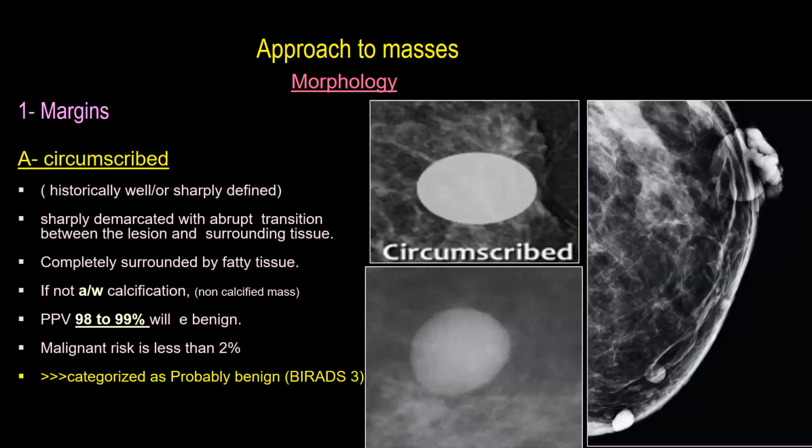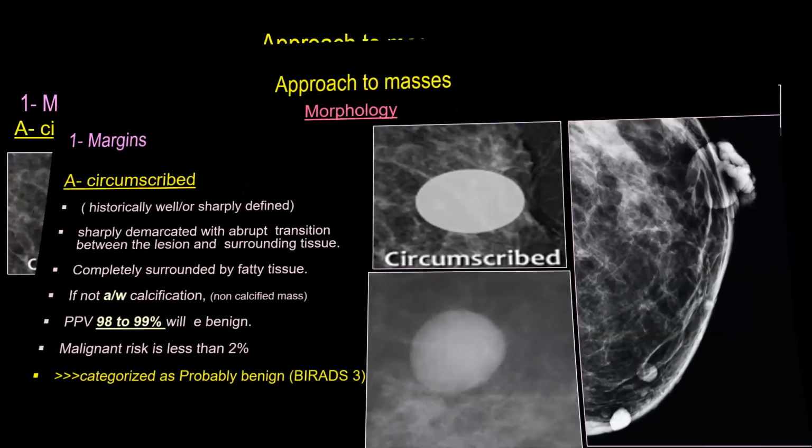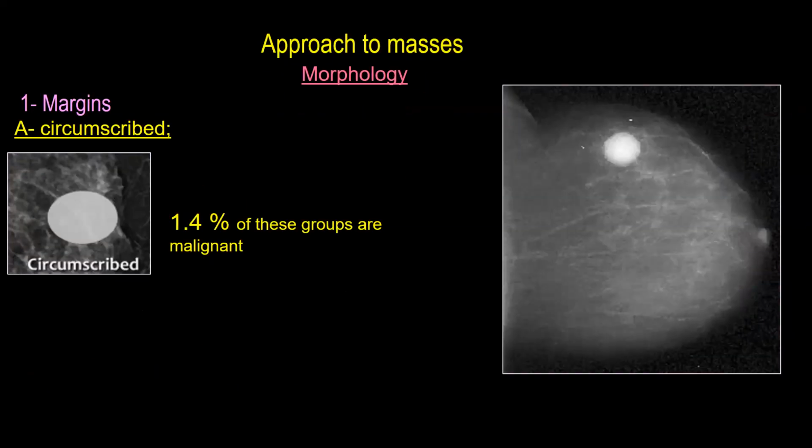If the mass is not associated with calcifications, then the predictive value for benignity is between 98 and 99%, so the risk of malignancy is less than 2%. So we will consider it BI-RADS 3. The lesion we have seen now was a cancer. It was an intracystic cancer, but it is circumscribed.